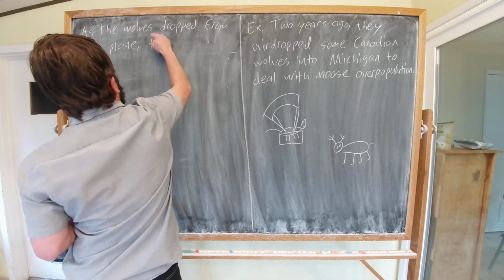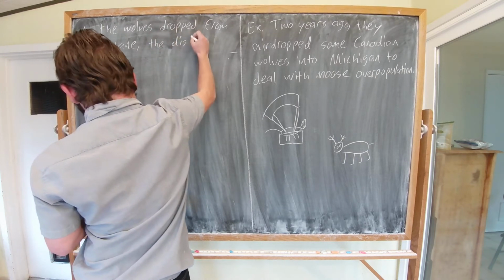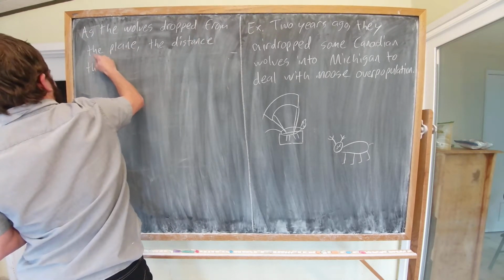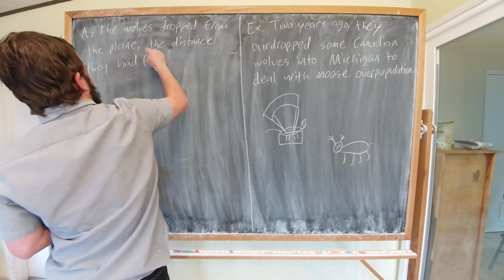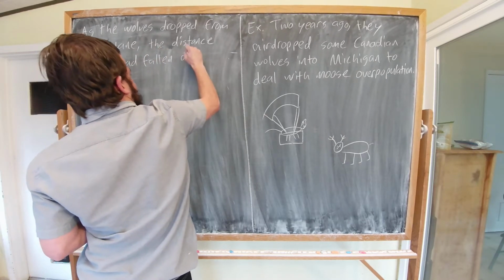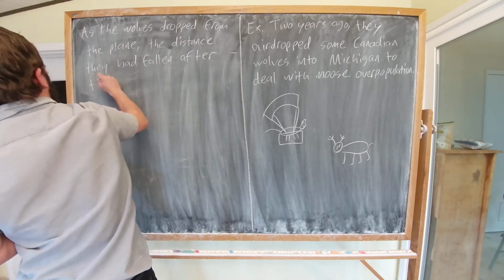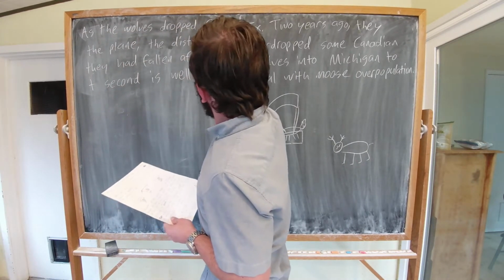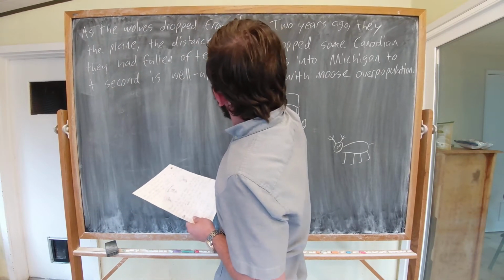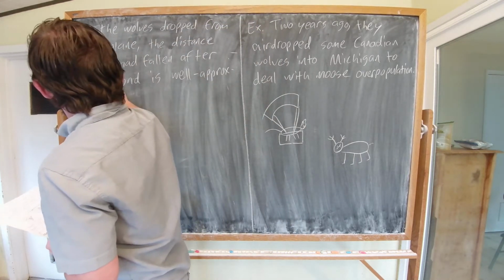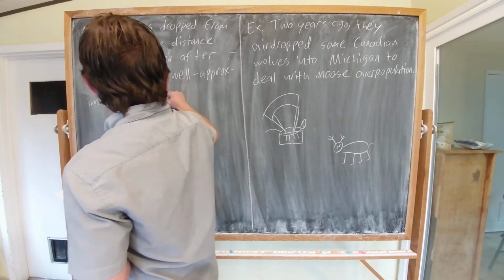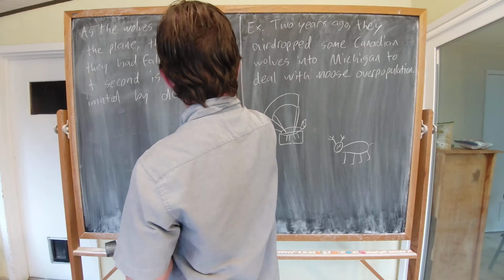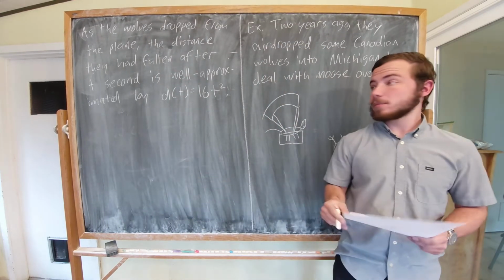So, the distance they have fallen after t seconds is well approximated by d of t equal to 16t squared.